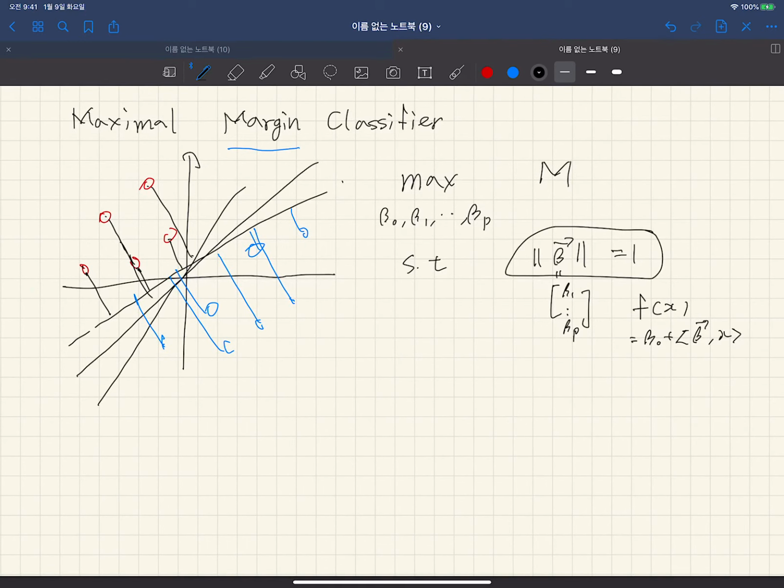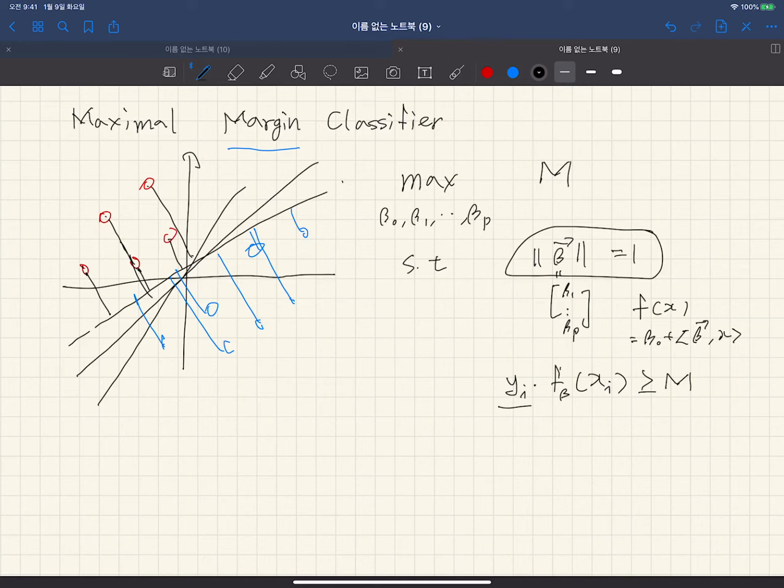We want to make sure the beta vector has unit length, and also we want to make y_i times f(x_i) greater than or equal to M. Of course, this function is controlled by the beta values, so I will use this notation f_beta.